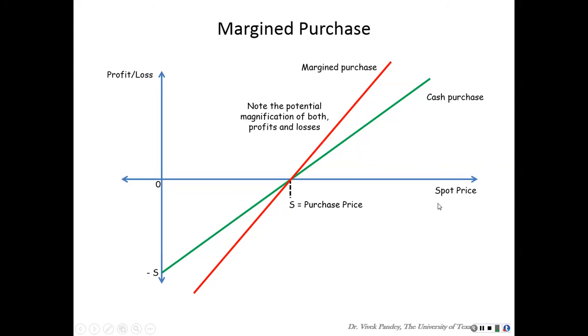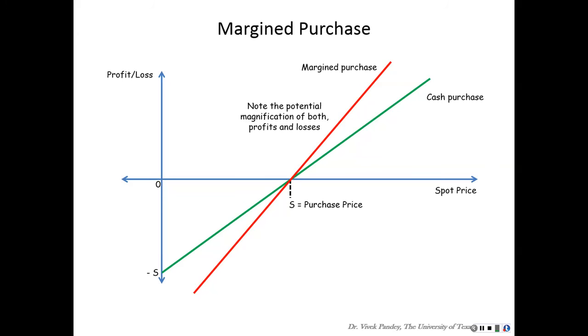So instead of the stock price going up to 110, let's say it falls to 90, then what happens? Well, if it falls to 90, then we lost $10. Whereas $10 on a $100 purchase, if you put up the entire 100 by yourself, would have been a 10% loss, right? But when you borrow money, the lender is not going to take any loss, so you still have to return $50.